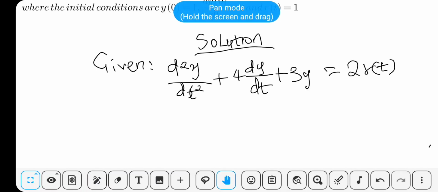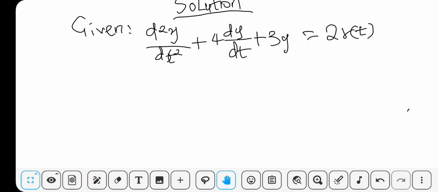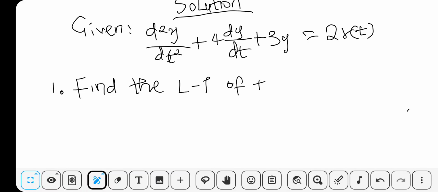So now there are 3 steps to solve a differential equation using Laplace transform, because that's what we are going to use. So the first step is to find the Laplace transform of the DE, that's the differential equation.